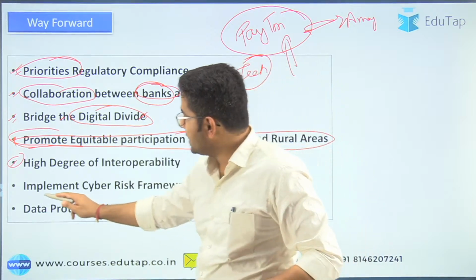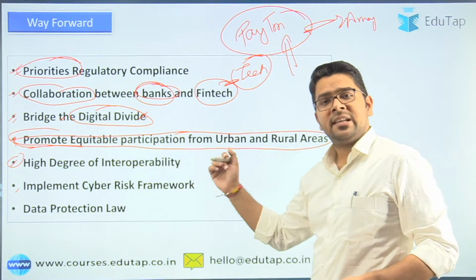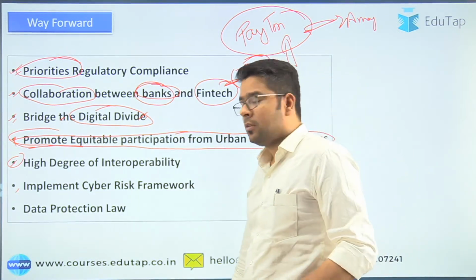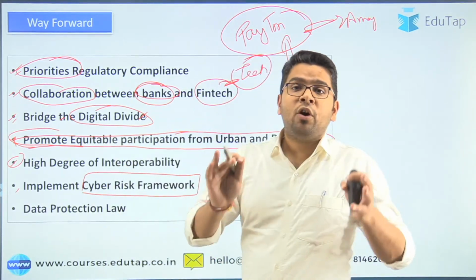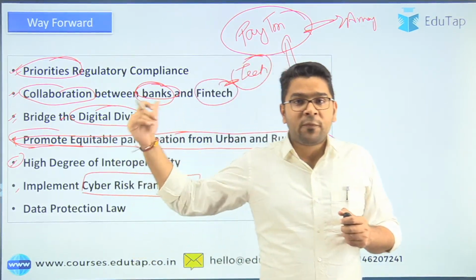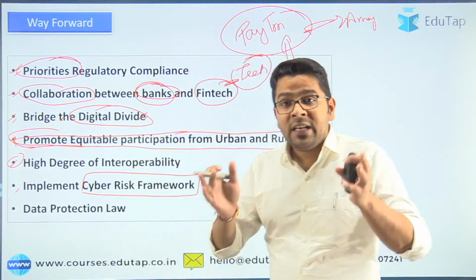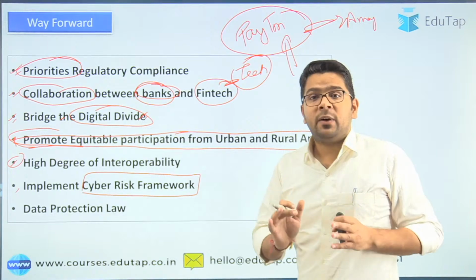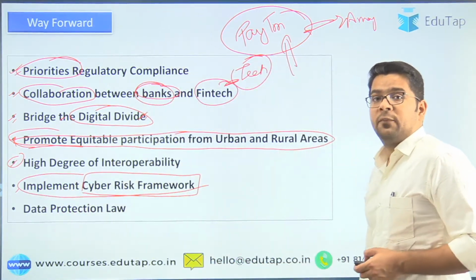Then coming to the next point, which is implement cyber risk framework. Such an important point is written below, and you people are not paying attention. One of the most important points. The first problem or first challenge in the previous slide that we dealt with is the cyber security risk. So we need to prepare a proper framework, a proper implementation of cyber risk framework.